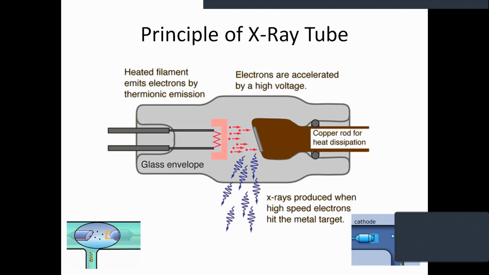When fast moving electrons are suddenly decelerated by impinging on the target, X-rays are generated. This X-ray tube is a high vacuum diode with a heated cathode located opposite the target anode. The intensity of X-rays depends on the current through the tube.